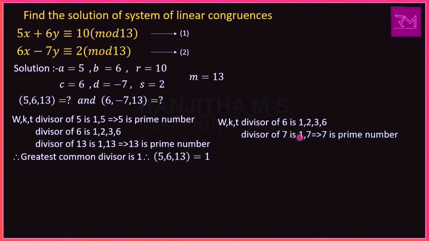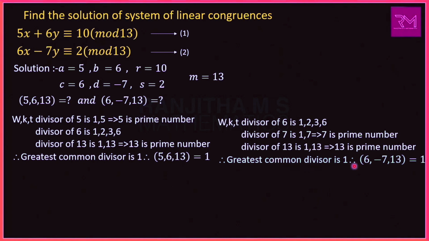The divisors of 7 are 1 and 7, because 7 is a prime number. The divisors of 13 are 1 and 13. Among these three values the greatest common divisor is 1. Therefore the GCD of 6, minus 7, 13 is also equal to 1.